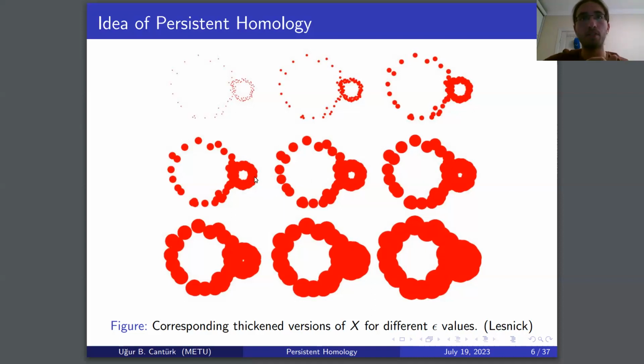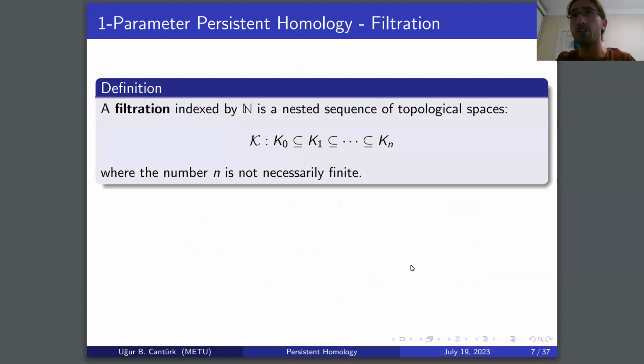This hole, for example, disappears at this stage. And another hole appears and it leaves at some time. So these inclusions between topological spaces create something new, which is called a filtration.